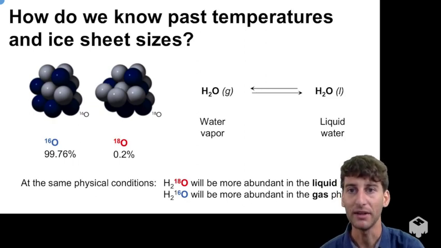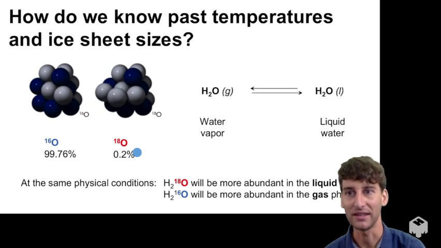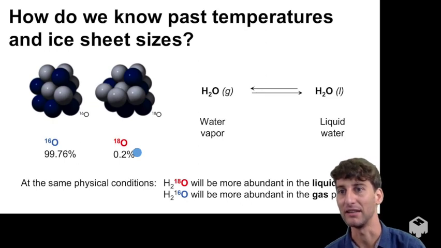And so you can think about these 16O and 18O having kind of the same total energy, but because 18O is more massive, it has more neutrons, it weighs more, it's kind of moving around a bit slower. If you think back to the equation for kinetic energy, 1/2 mv squared, for things that have the same energy, when you have more mass, you have less velocity.